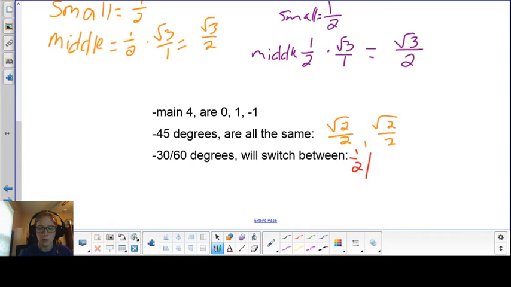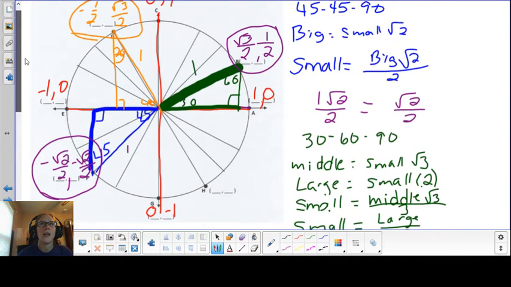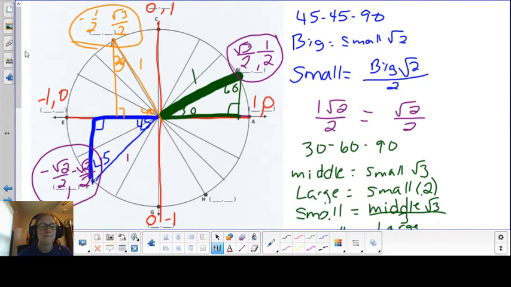So it'll either be a half, root 3 over 2, or root 3 over 2, a half. So the main question is, well, how do you figure out what that is then? How do I know if that's a 30 or if that's a 60?